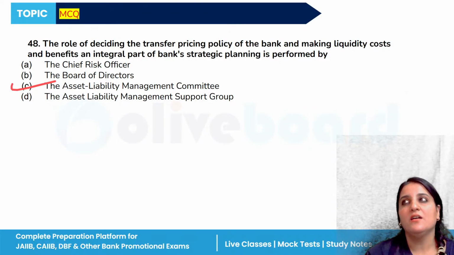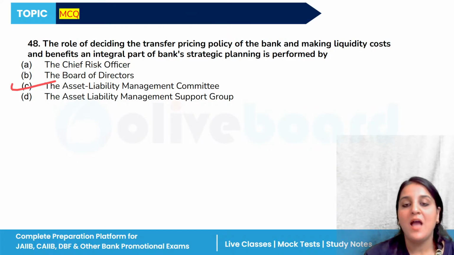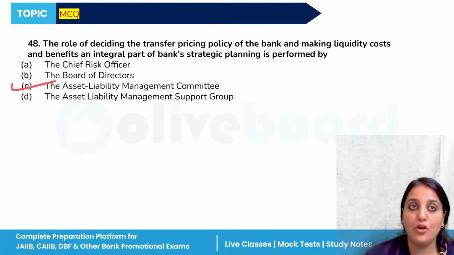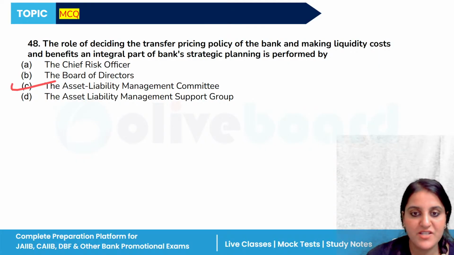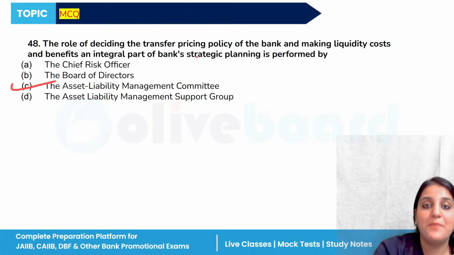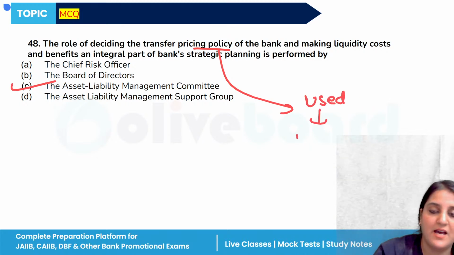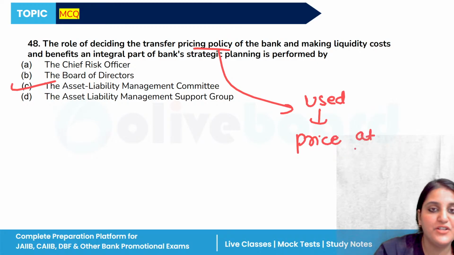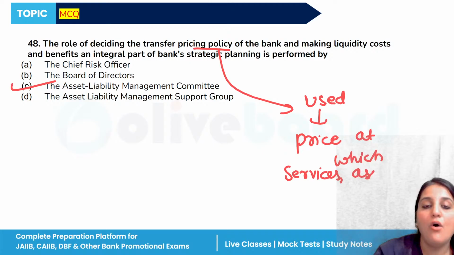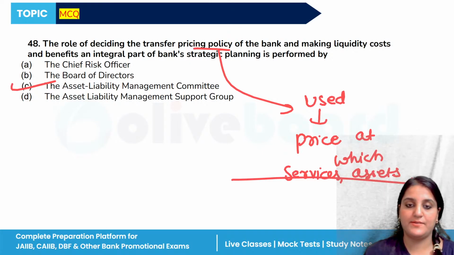This committee decides on the transfer pricing policy, and also ensures the liquidity cost and benefits are integrated into the bank's strategic planning. Transfer pricing policy refers to the methods and principles used to determine the price at which services, assets, or funds are transferred between different departments.